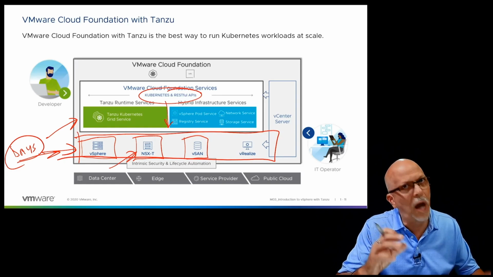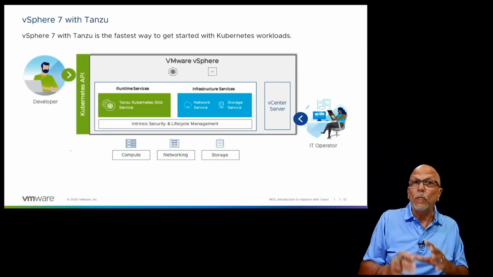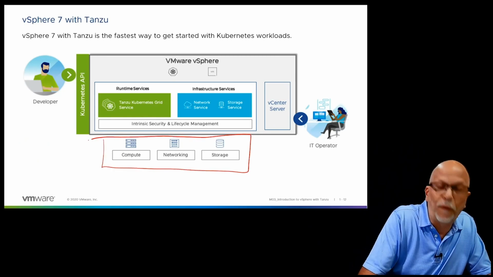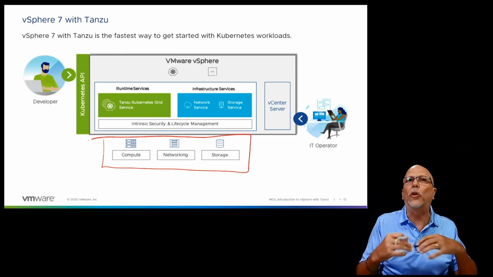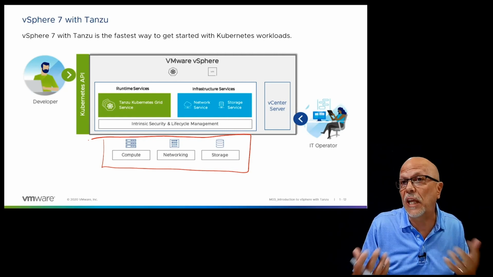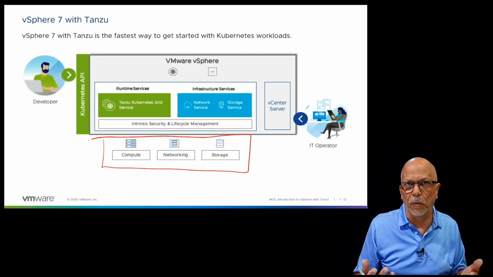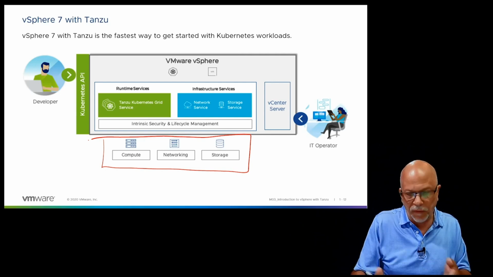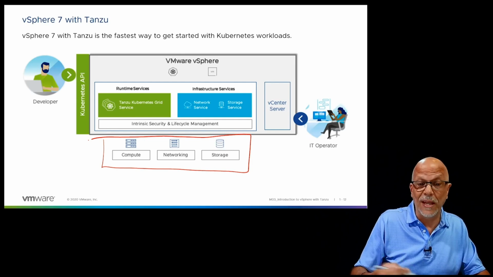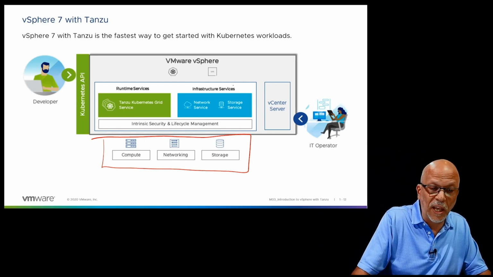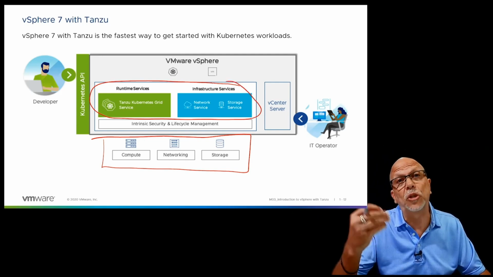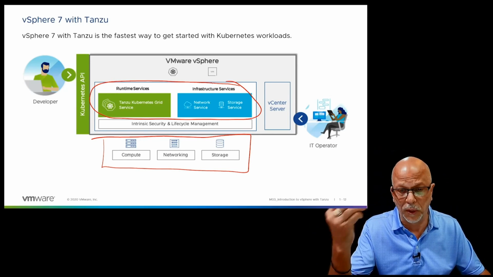Now, in this class, we're not going to do that. Instead, we're going to have you starting with this platform already set up. So the labs are going to give you a working vCenter server. We're going to have NSXT already deployed and set up for you. We're going to obviously have our shared storage set up for you. And then you're going to enable these infrastructure and runtime services inside here, which are the services that comprise vSphere with Tanzu.